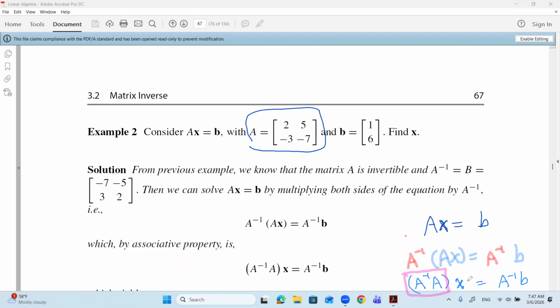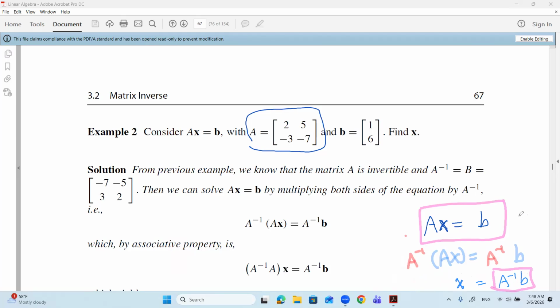So this identity times X will still be X. Because this is identity, identity times X will be X. So we put just the X, and we get a representation for the solution X. The X is representable in terms of the inverse of A. So A inverse times B, that's the solution of the linear system.